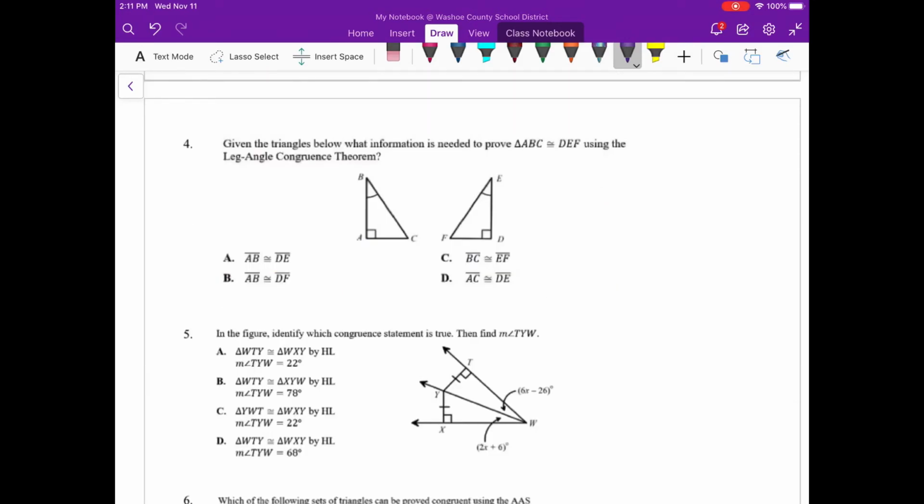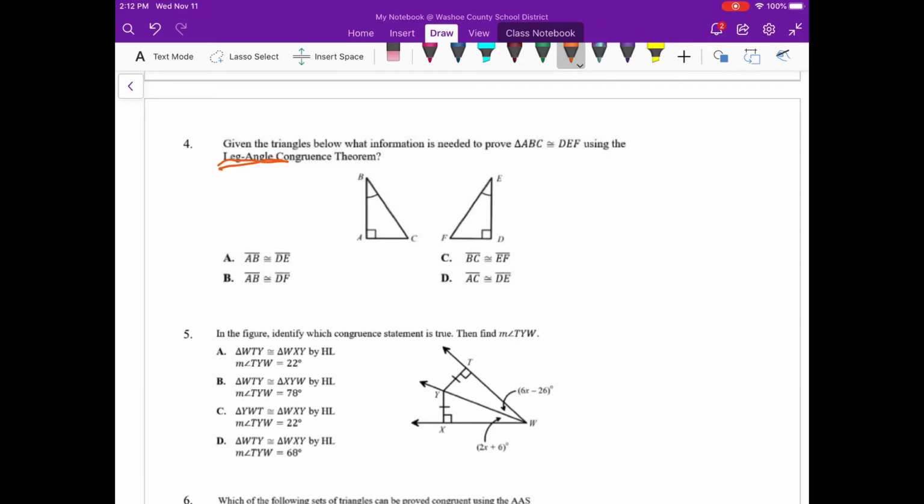Given the triangles below, what information is needed to prove triangle ABC is congruent to DEF using the leg angle congruence theorem? Leg angle means we need to label a leg and an angle. So what information do I need to know?